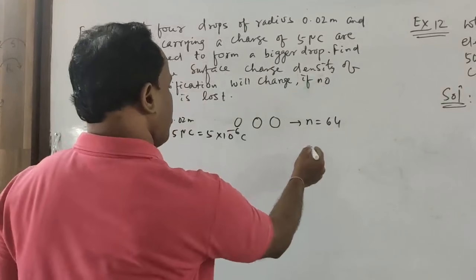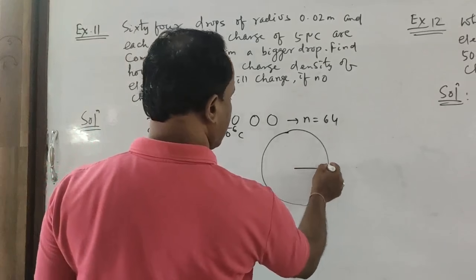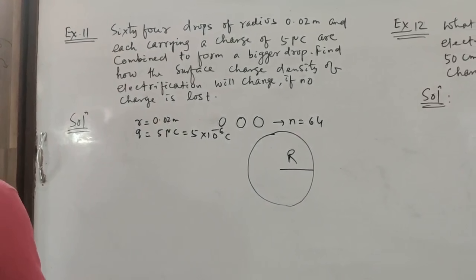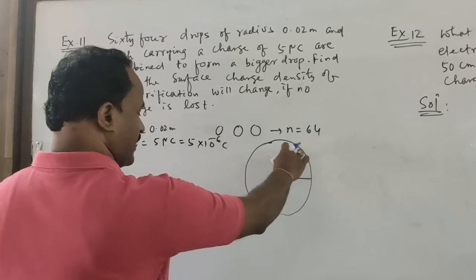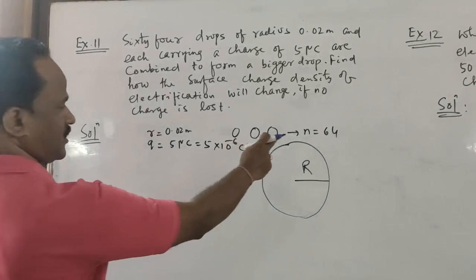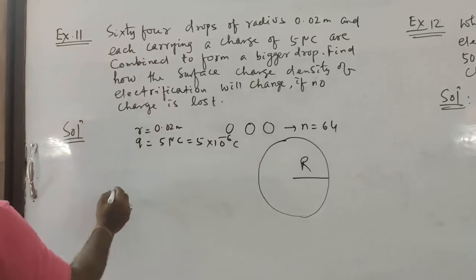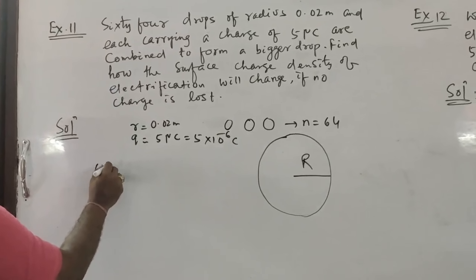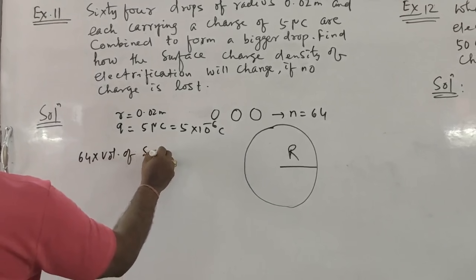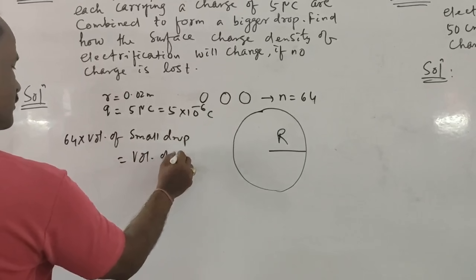They combine to form a bigger one. Suppose the radius of the big drop is capital R. It is clear that the volume of the bigger sphere is 64 times the volume of a small one. According to the question, 64 multiplied by the volume of a small drop is equal to the volume of the big drop.